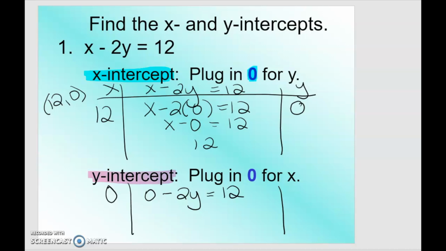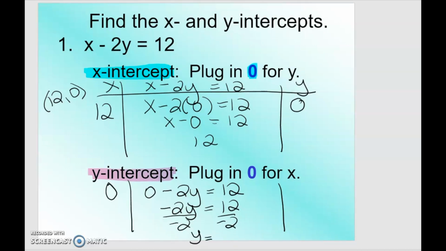Be really careful here. We don't need the 0, but we do need the negative sign. So negative 2y equals 12. Divide by negative 2, and y equals negative 6. So our second ordered pair is (0, -6).